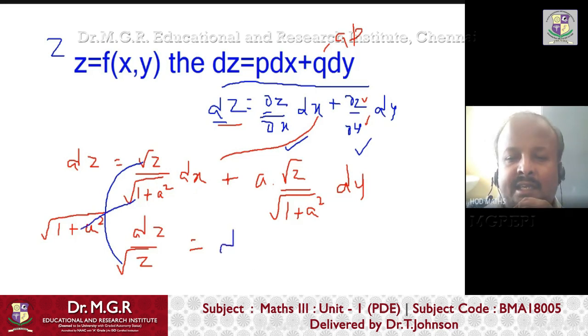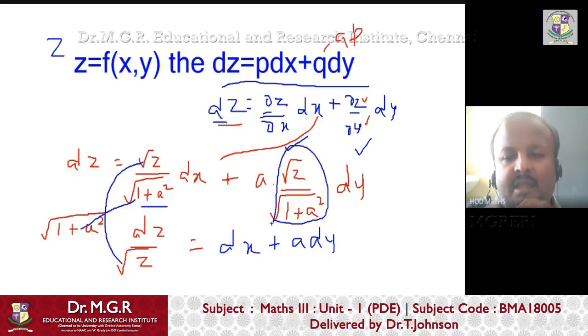And the right hand side is simply dx plus a dy, because I have taken this term common and moved it to the left hand side. So now we have square root of 1 plus a square into dz by root z equals dx plus a dy. Now if you want to solve this, you have to integrate both sides.